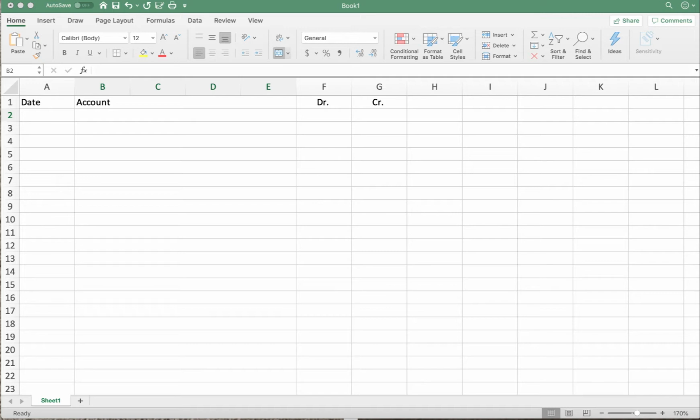Because remember, we only do journal entries when one of three things happen. We acquire a bond, we receive interest, or we sell the bond, okay? So, on January 1st, we need to book debt investment because that's what we're investing in.